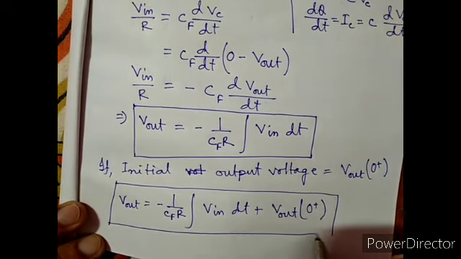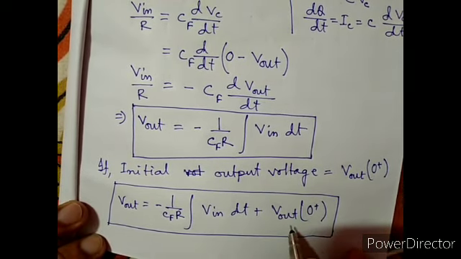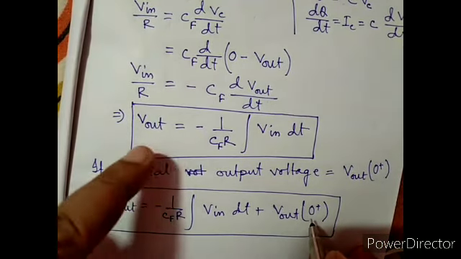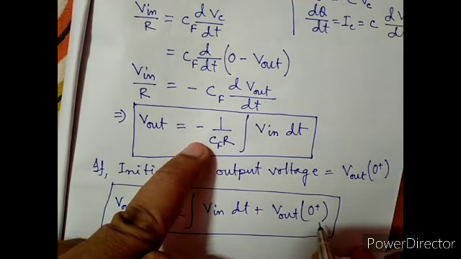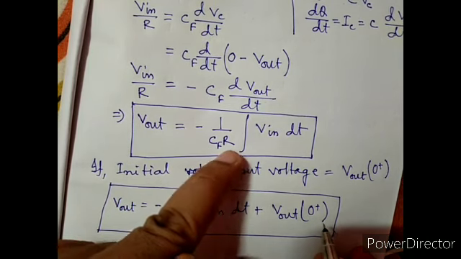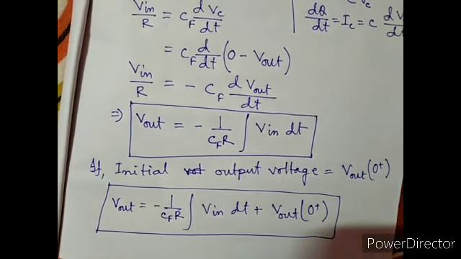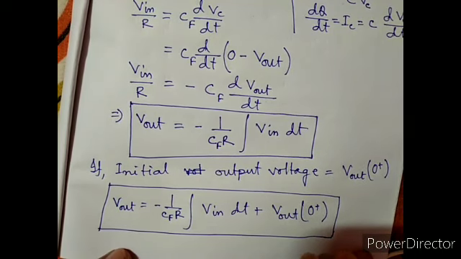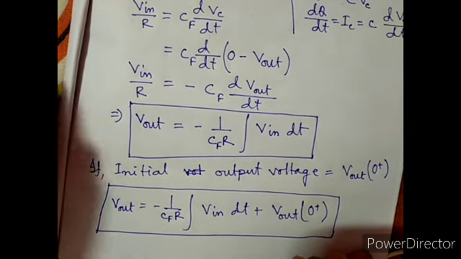If the initial output Vout(0+) equals 0, then Vout equals minus 1 by CFR integration of Vin dt. This is a simple integrator circuit.